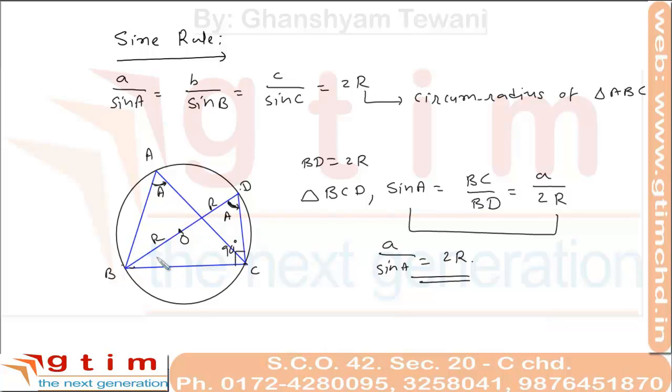Similarly, by taking another diameter from A and from C, we can prove b upon sine B is equal to 2r and c upon sine C is equal to 2r. So this is the statement of the sine rule, which is simply proved using what? Right angle triangle and some elementary properties of circle.